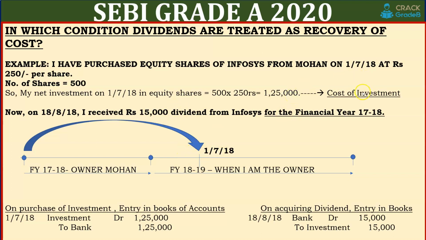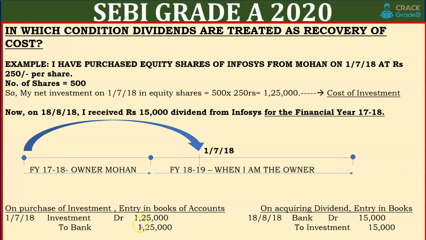So when I made the investment to acquire these shares, what would I have done in my books of accounts on purchase of investment? On 1st July 2018, investment: whenever the asset is increased, we debit it. So investment is an asset for the business, and whenever there is an increase in asset, we debit it.